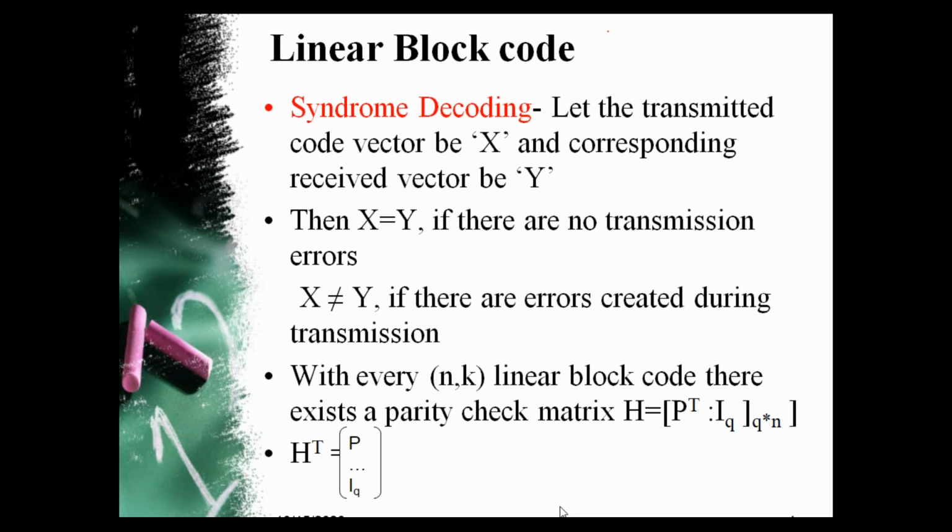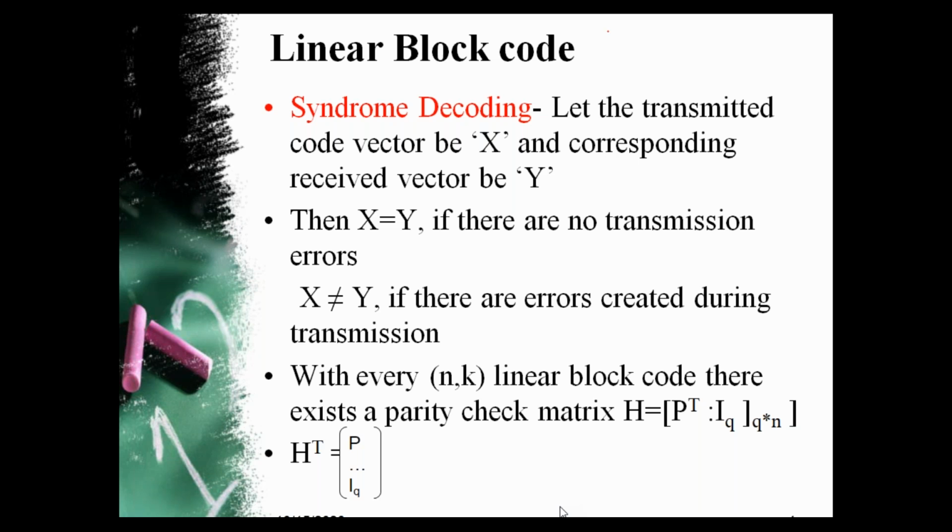X is taken as the transmitted code word and Y is the received code word or received code vector. Then Y equal to X means there are no transmission errors, the transmitted code is received here. If X is not equal to Y, it means that some errors were created during the transmission.